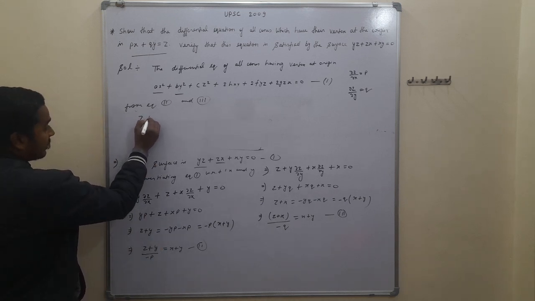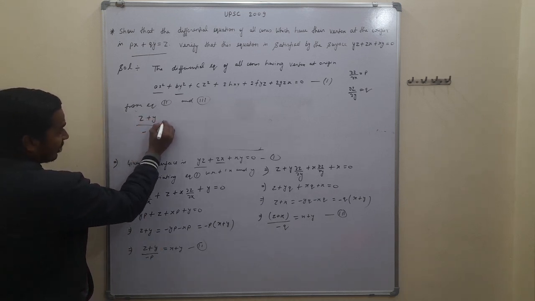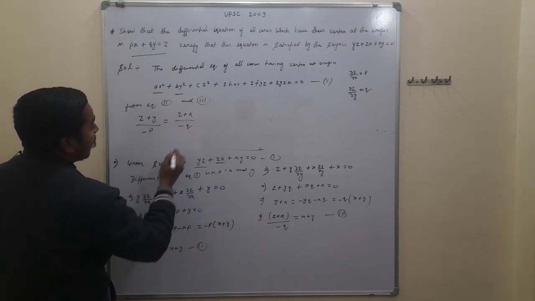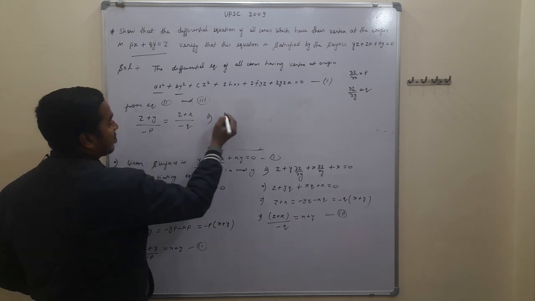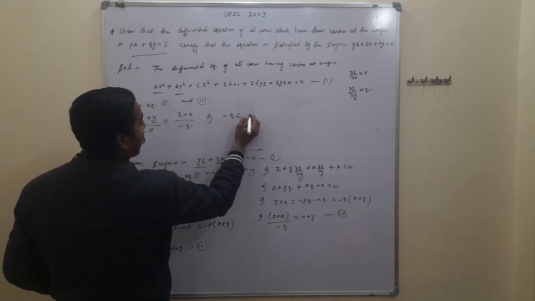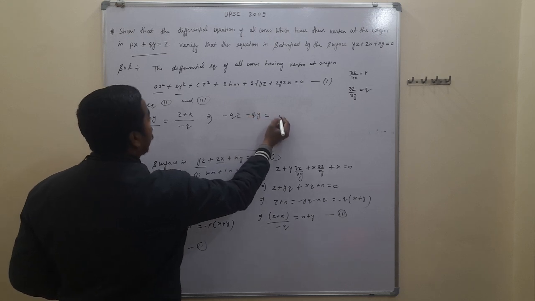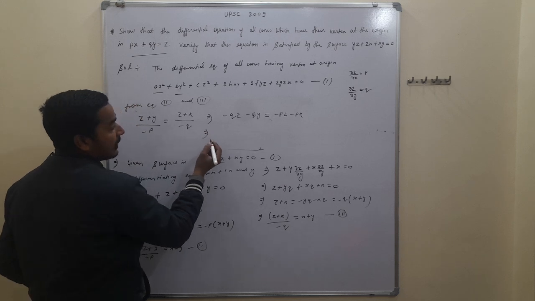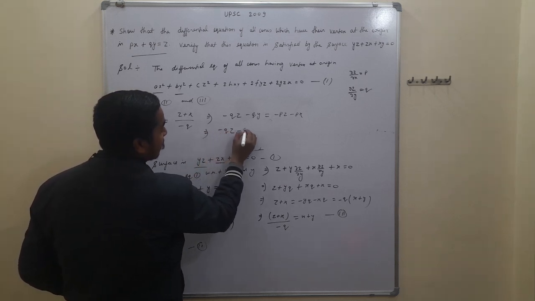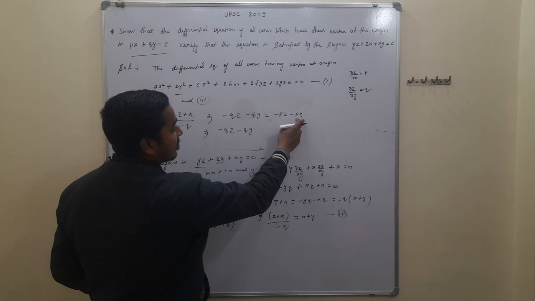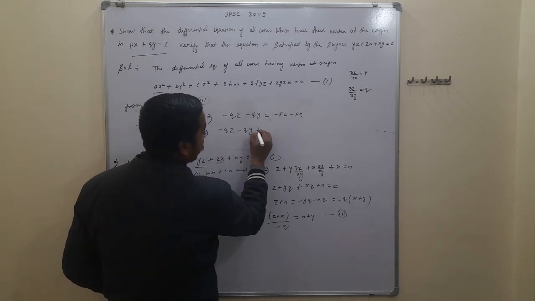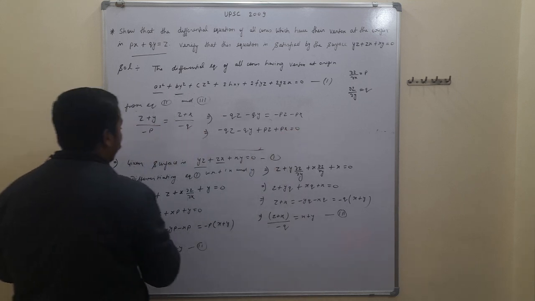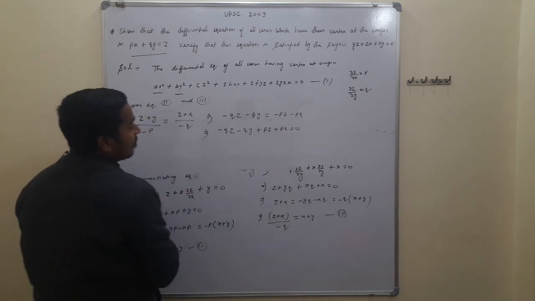So we write (z plus y) upon minus p is equal to (z plus x) upon minus q. Further, cross multiplying, this gives minus qz and minus qy is equal to minus pz and minus px. Taking minus qz, minus qy, minus pz and minus px to the left hand side, this is plus pz and plus px is equal to 0, and further we have to proceed.